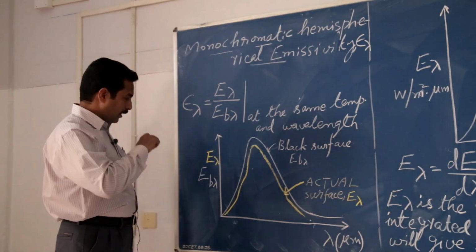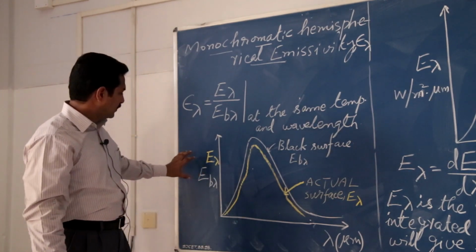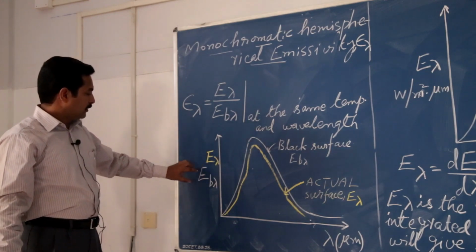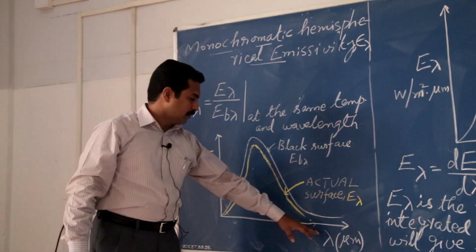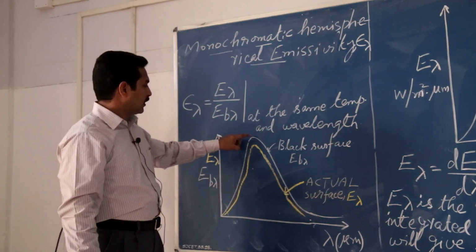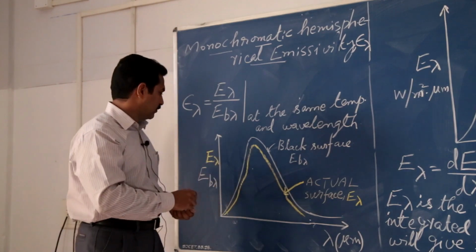If I draw the spectrum, the y-axis is the spectral emissive power, and the x-axis is the wavelength. This curve is the case of a black surface and this is the case of an actual surface.